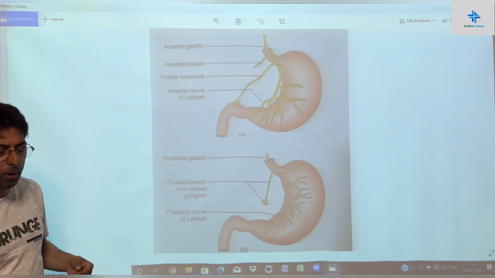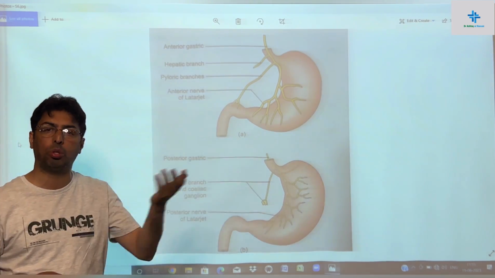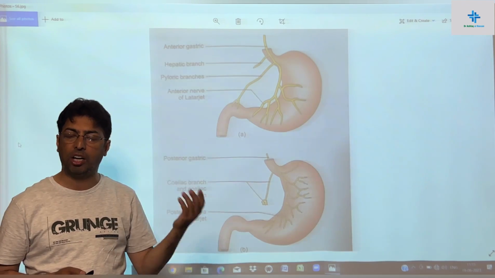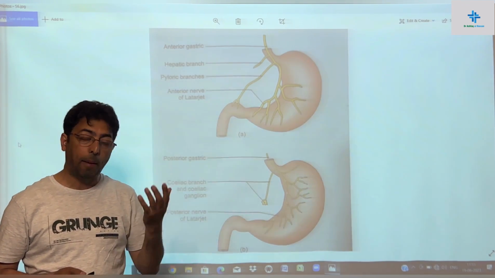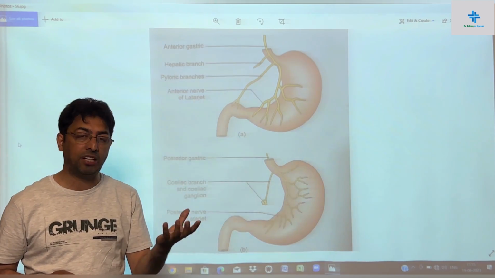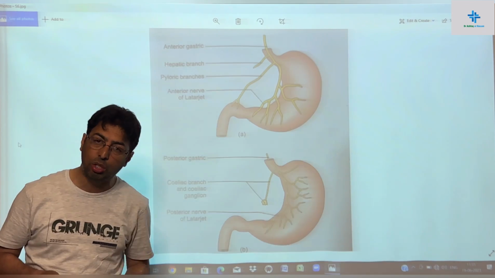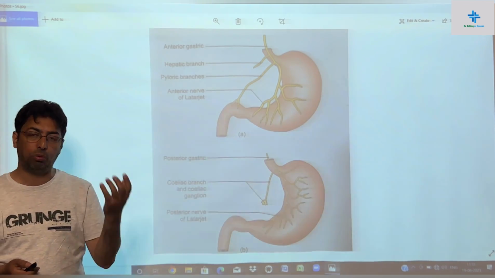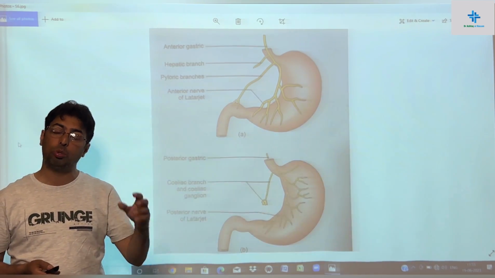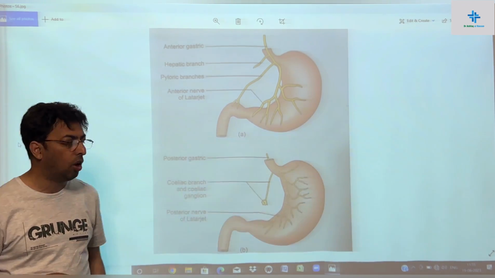Now what is the problem? Because the vagus is secretomotor, by doing vagotomy they used to cut the secretory function of the organ. But what about the motor activity? They would also decrease the contractile activity of the stomach, as a result of which there could be gastric stasis, an accumulation of food within the stomach. So they had to combine this procedure with something we call pyloroplasty.